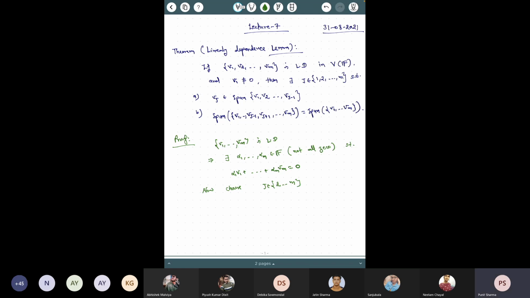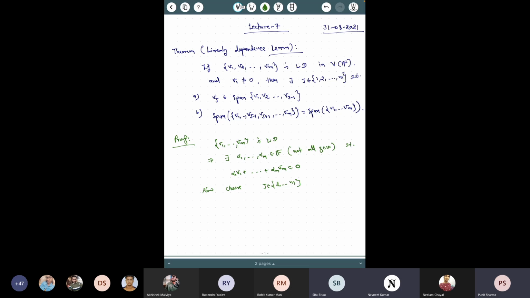So you are not saying it clearly. Let us take alpha 1 v1 on one side, and everything else on the other side. Sir, since it's a linearly dependent set, we can write all the vectors in the combination of scalars.